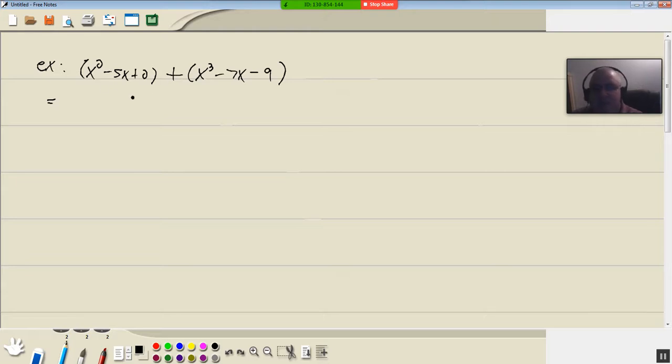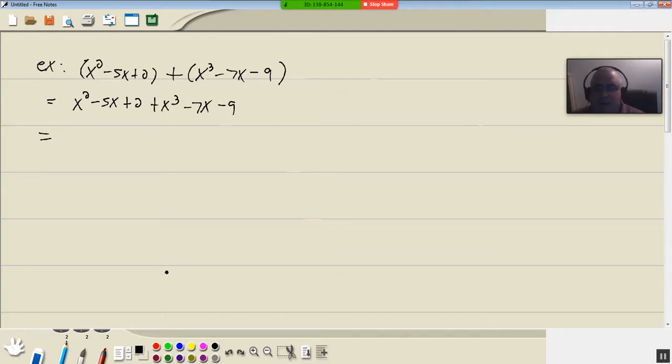We kind of talked about this before, but these parentheses actually aren't doing anything, so I could drop them. Now, what we do at this point, after you get rid of the parentheses, is combine like terms.